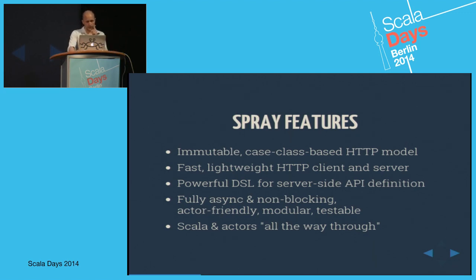It comes with a small, low-level HTTP client and server layer that you obviously need. And it has higher-level constructs on the client as well as on the server side where you can easily define your API behavior using a DSL. And it is fully asynchronous, non-blocking, actor-friendly, testable, all the nice things that you need.